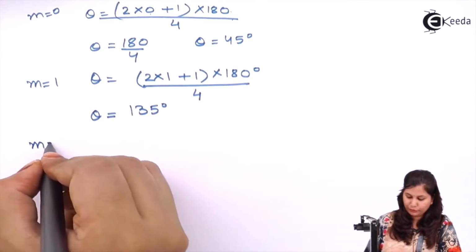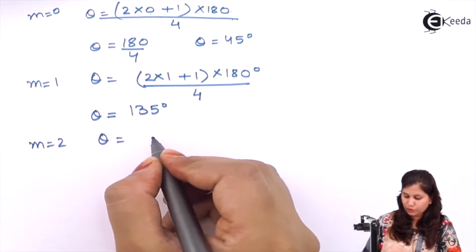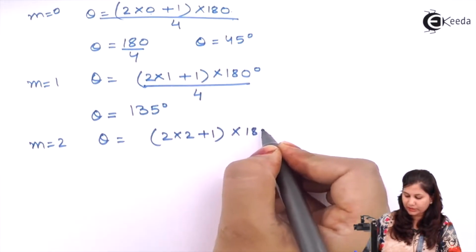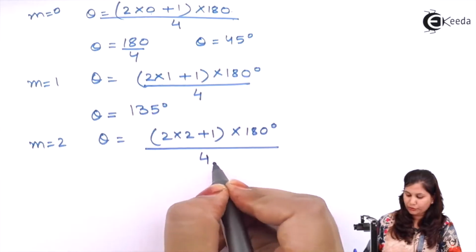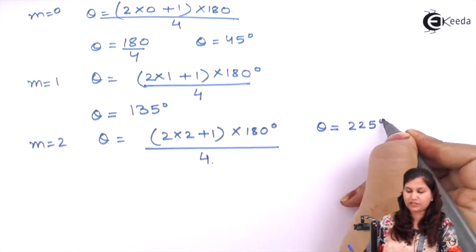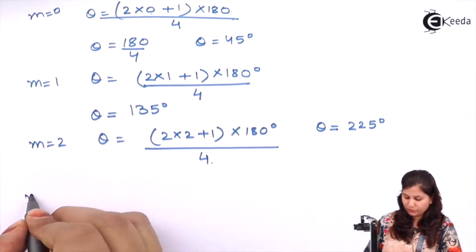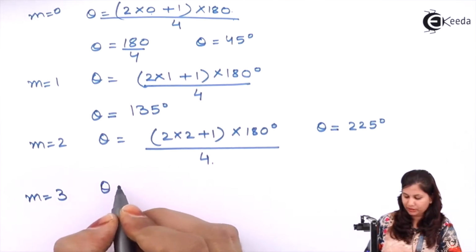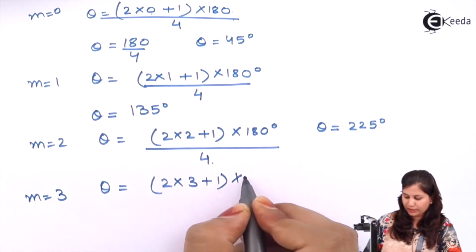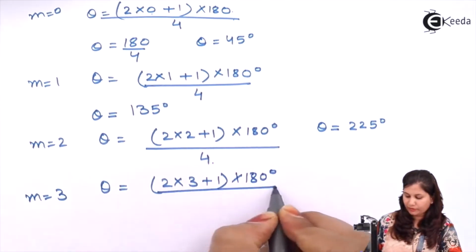Now m equals to 2, theta equals to (2 into 2 plus 1) into 180 degrees upon 4. So here theta will be equals to 225 degrees. For m equals to 3, we will have theta equals to (2 into 3 plus 1) into 180 degrees upon 4.